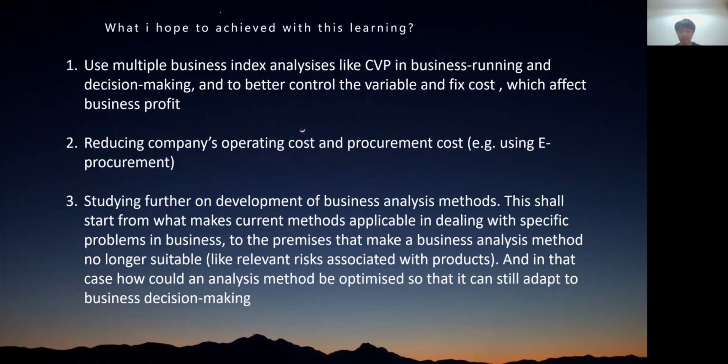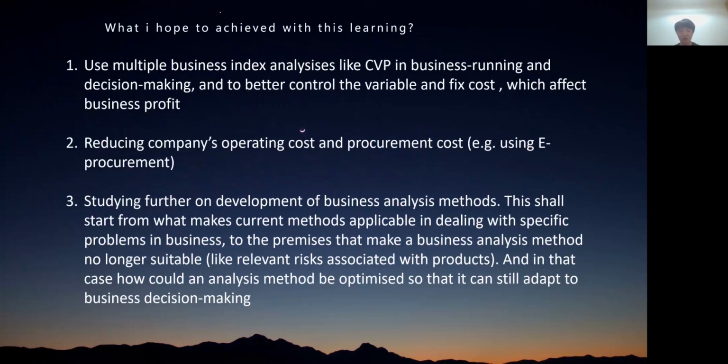What if in the future CVP is disabled once again, not so functional as it is right now, just like what happened before? Well, in that case, we should again optimize this method to better adapt to future problems.